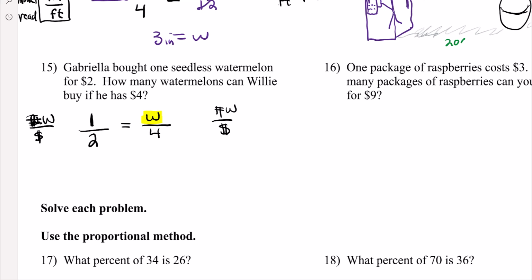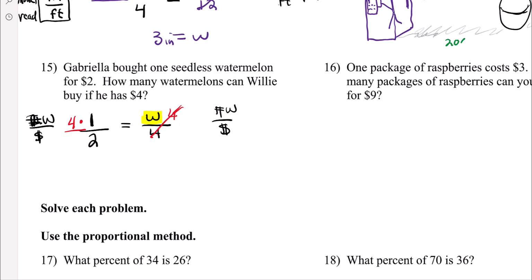Well, again, we have a divide 4, so we're going to multiply 4. 4 divided 4 is 1. 1 times W is W. But if we multiply, remember the teeter-totter, if we do something to this side to keep that teeter-totter balanced, we have to do the same thing to the other side, the equality property of multiplication. 4 times 1 is 4. 4 divided 2 is 2.